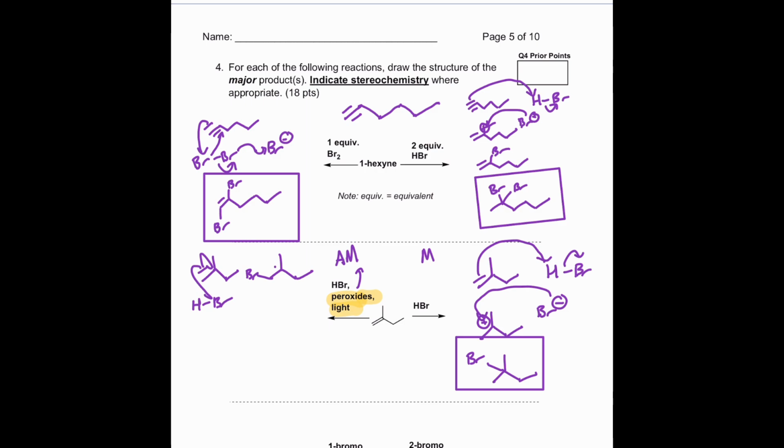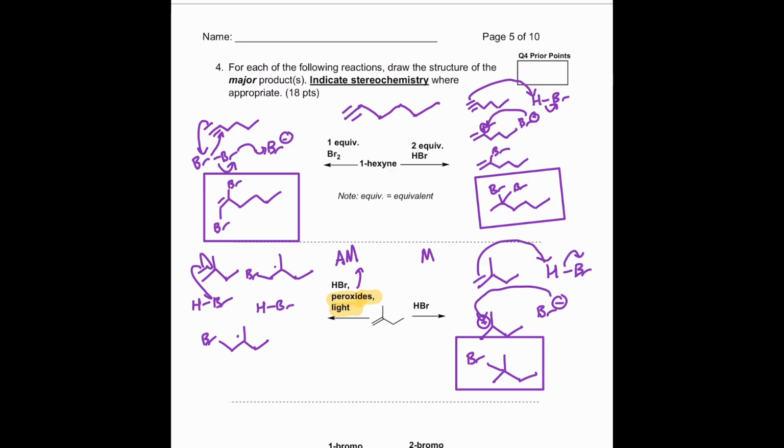So our radical, remember, we want our radical on the most stable carbon. The reason why we put our radical here is the same reason why we put our cation here. So our radical needs to be in the most stable spot, so that is why our bromine is right there. And then after that, our hydrogen is going to go to HBr.